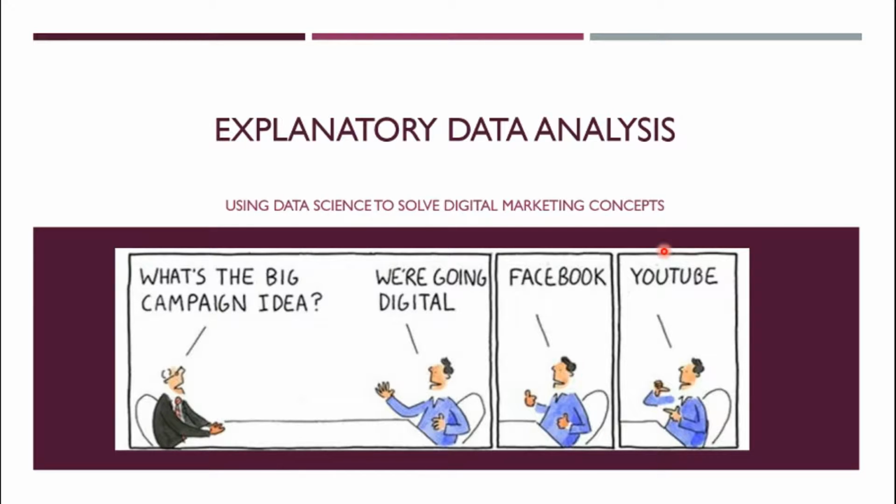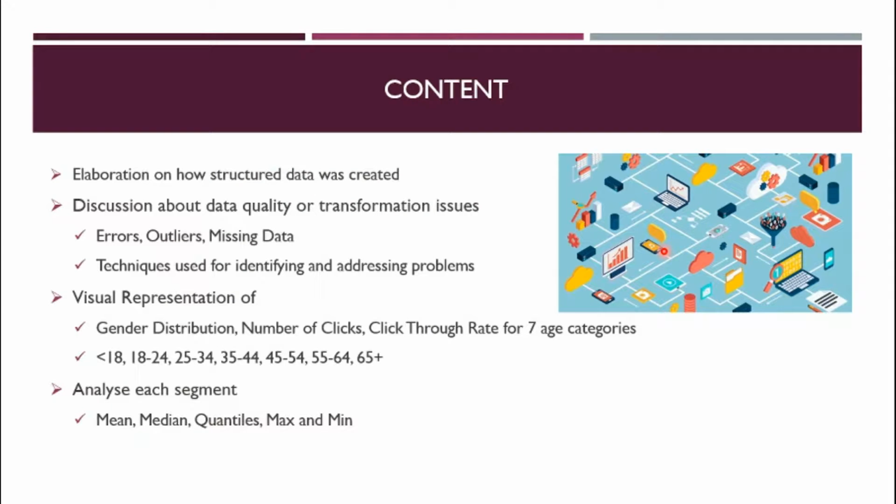However, in reality, it's quite vital for companies to understand how consumers or users react to their data, or how users react to the advertisements on the net. So the content for the day will explain how structured data was created, and discuss the quality or transformation issues that we face during the creation of the data, such as errors, outliers, and missing data, and the techniques that we use for identifying and addressing the problems. This is followed by a visual representation of gender distribution, number of clicks, and click-through rate for the 7 age categories.